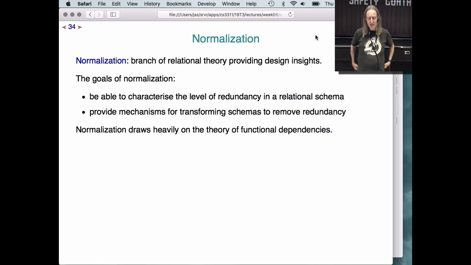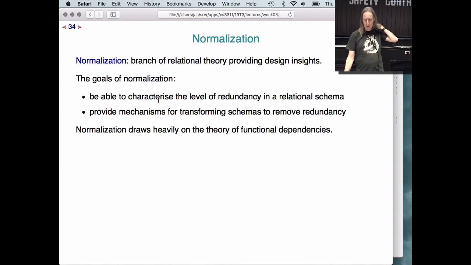So normalisation allows us to get insights into the amount of redundancy in tables, and the notion of normalisation basically involves taking a schema which has some redundancy and rearranging that schema to reduce the amount of redundancy. And if we're lucky, we can rearrange it in such a way that we've eliminated redundancy entirely.